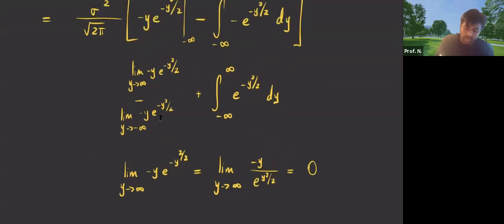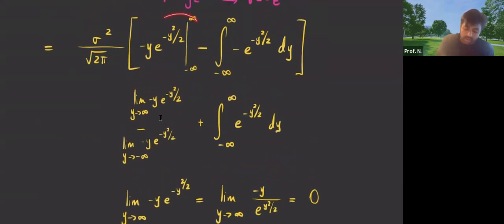Obviously, an exponential function will grow much faster than a linear function. So when the numerator is smaller than the denominator at infinity, this approaches 0. So this entire thing just becomes 0.